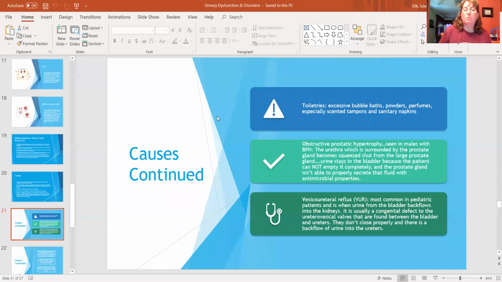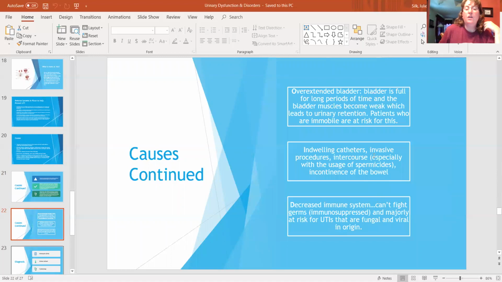So that's very typical. And then vesicoureteral reflux. This is common in pediatric patients when urine from the bladder backflows into the kidneys. So usually it's a congenital thing, so they would have to do something to fix that. Other causes, overextended bladder, like if you hold your urine for long periods of time. Indwelling catheters, of course. Decreased immune system like we already just talked about.